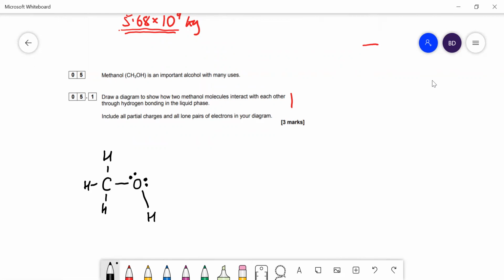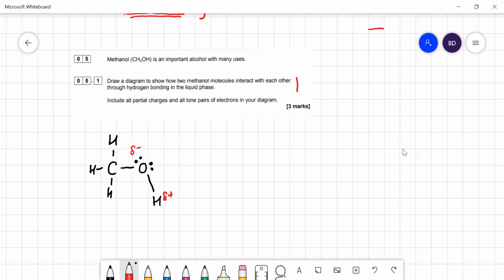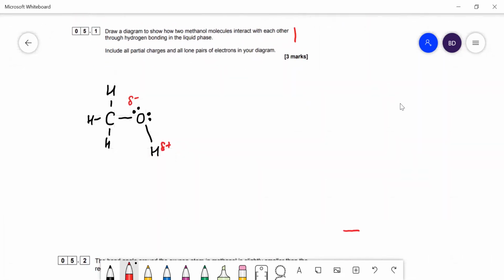Now you've got a partial positive on this hydrogen. That's going to be able to interact with a lone pair on another oxygen of a methanol molecule. And this is going to be delta minus on this oxygen. Okay, it's going to form a hydrogen bond. You should draw your hydrogen bond longer than a covalent bond because they are a lot longer, because they're a lot weaker.